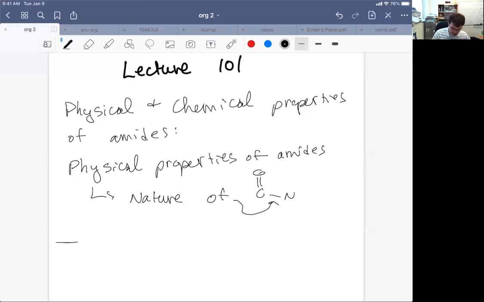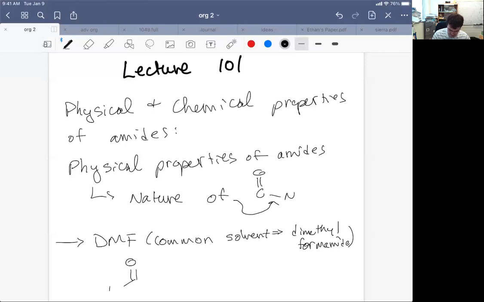Now, it turns out that DMF, a common solvent, and that stands for dimethyl formamide, all right, so in structure, we have a formamide, which means we have a formyl group attached to a nitrogen.